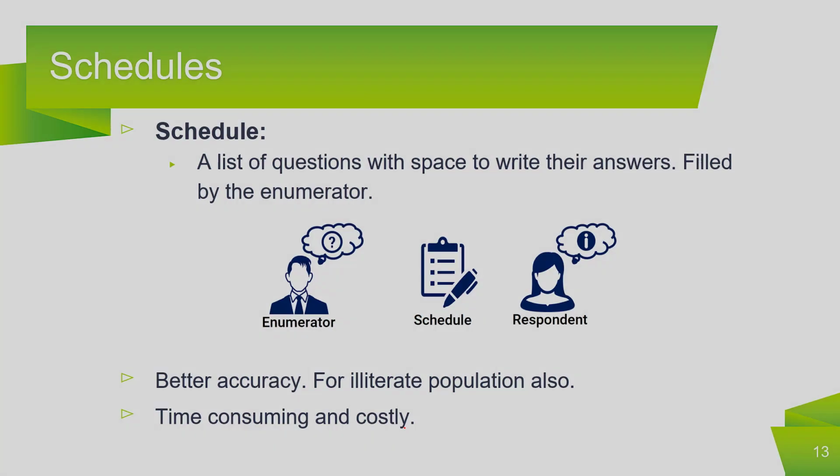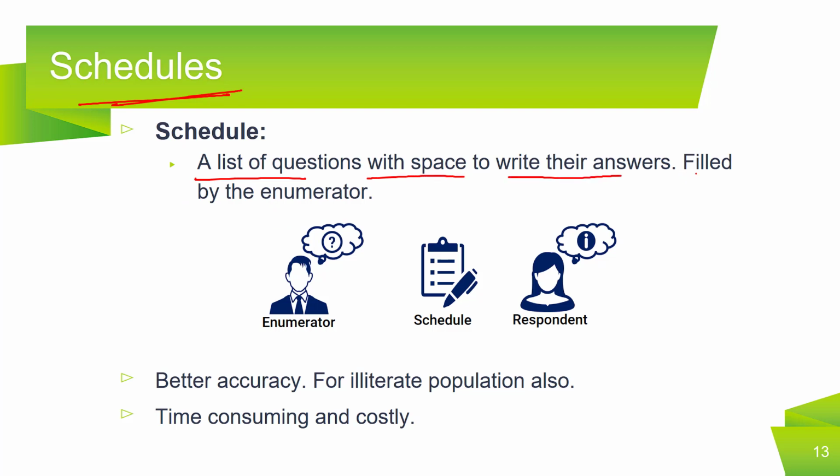That is one drawback. So to remove the drawback, we introduced the schedule, right? So what is a schedule? A schedule is similar in appearance to a questionnaire, a list of questions with space to write their answers. But in this case, they are filled by the enumerator. That means the enumerator will go to the respondent. He or she will ask the question.